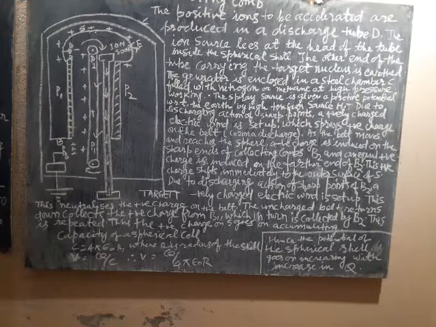The generator is enclosed in a steel chamber C filled with nitrogen or methane at high pressure. Working: the spray comb is given a positive potential with respect to the Earth by the high tension source HT.